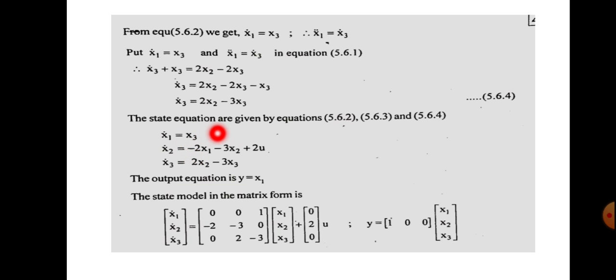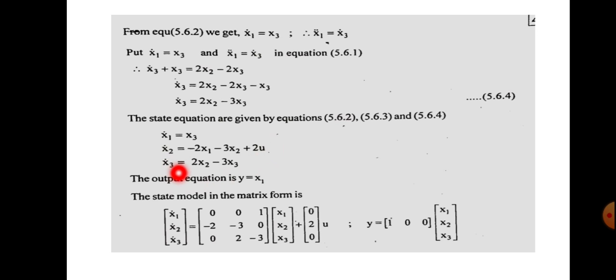In the first equation x1 and x2 are missing, so you can put 0 0. x3 is there, so put 1 because the coefficient of x3 is 1. And in the second row you can put minus 2 minus 3, and here x3 is absent, so you can put 0. And here the u term is present, let us write it in the next section.